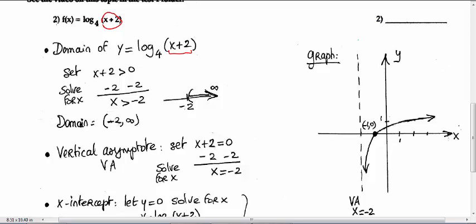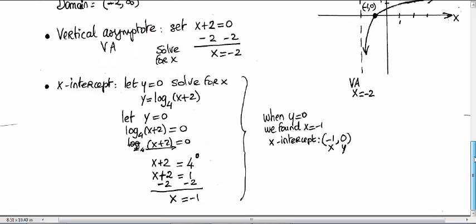So you can write it as y is equal to log base 4 of the quantity x plus 2. So if we let y be 0, we're going to have log base 4 of x plus 2 set equal to 0.